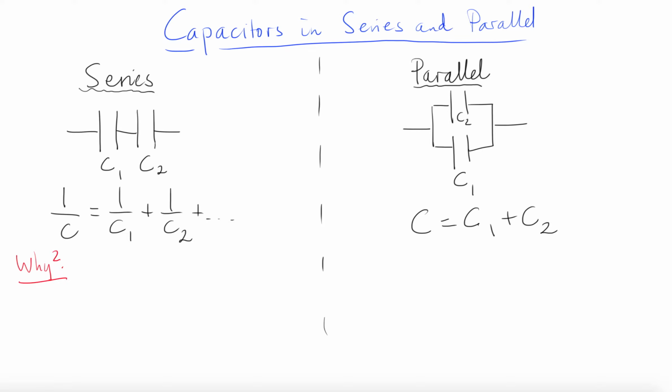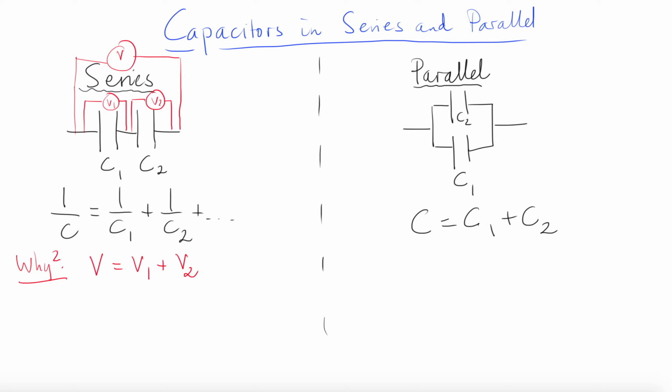Well, due to the conservation of energy and therefore potential, the potential across the first capacitor plus the potential across the second capacitor is going to be the same as the potential across both capacitors. So V is equal to V1 plus V2.